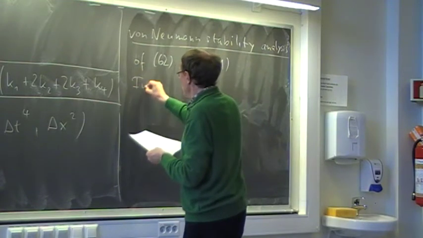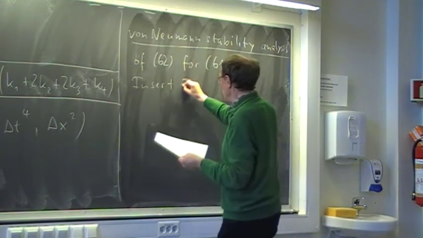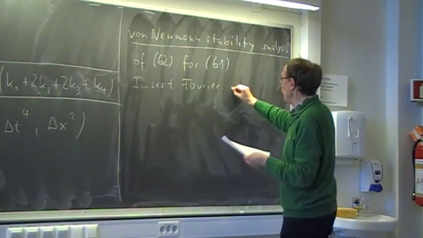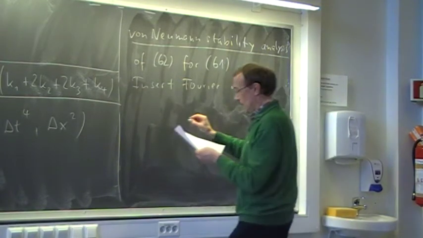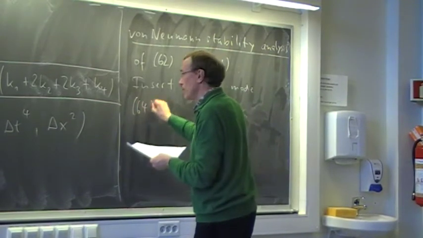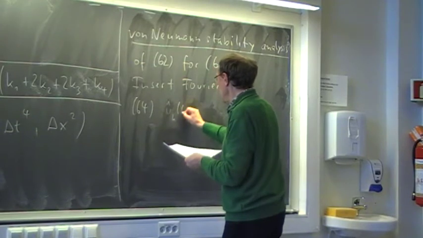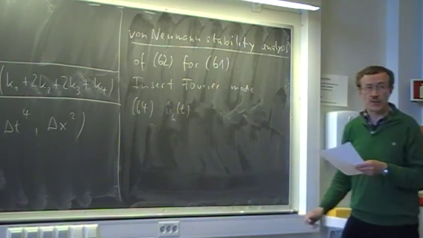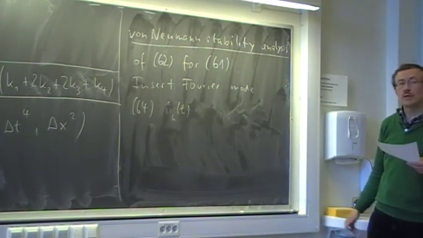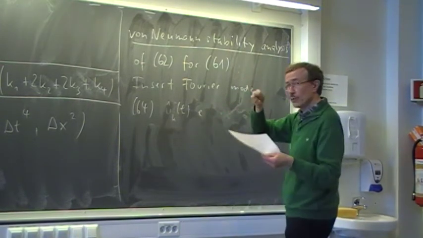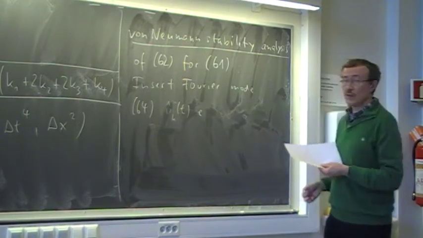So we insert now a Fourier mode that, like our solution in the beginning, is continuous in time. That is the following: 64, u hat k, and now that is the catch. You don't make it discrete, you leave it continuous, like the solution that we had also when we had the semi-discrete equation.